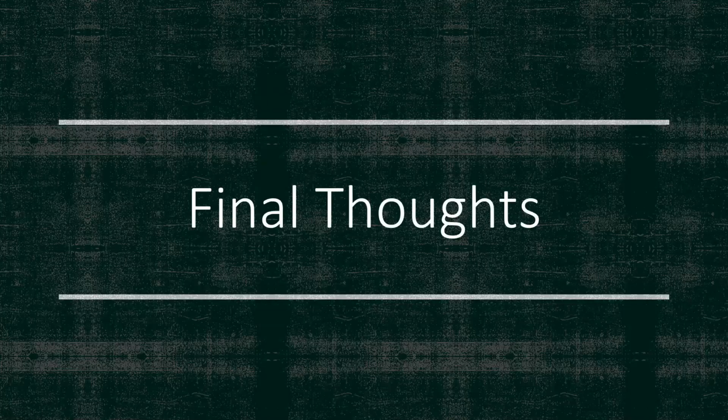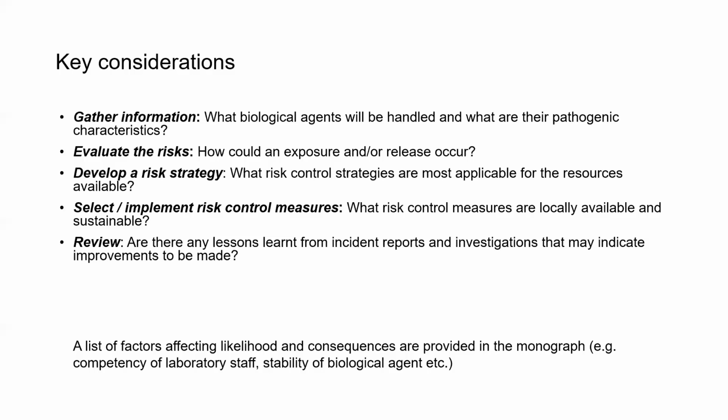So, final thoughts. Here are some key considerations for each of these steps in the risk assessment process. When you're gathering information, you need to consider what biological agents will be handled and what their pathogenic characteristics are. That determines mostly consequence. Evaluate the risk. How can an exposure or release occur?